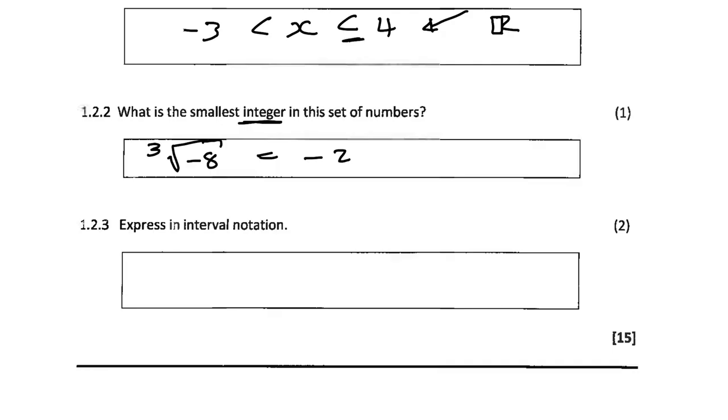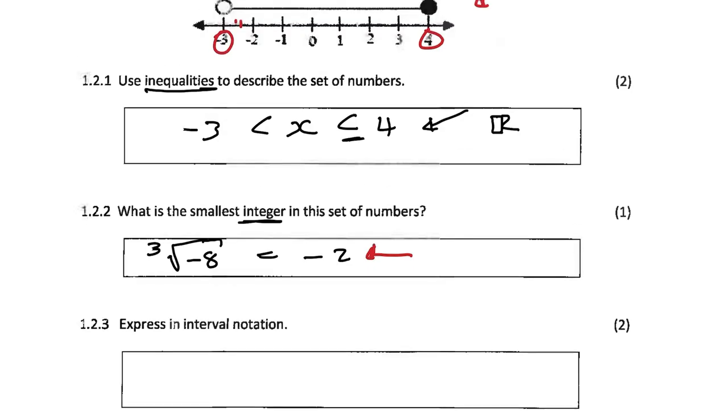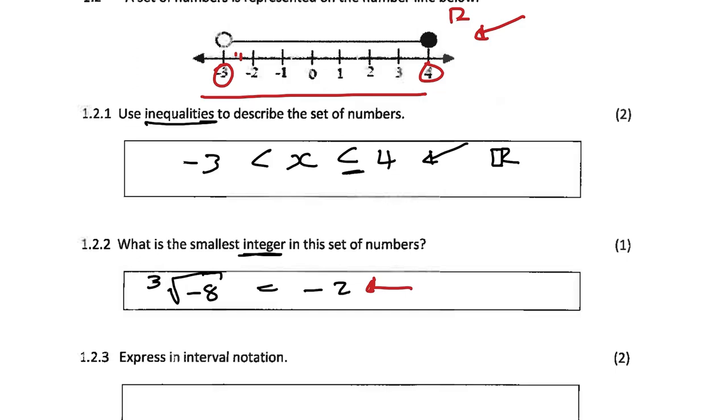Okay, and then the last question says, I'm sorry about that. Is this question here referring to the set of numbers that we had there, or is it referring to this interval that we have here? If this is referring to this here, because I can see this is part of 1.2.2, we are going to look at our answer here.